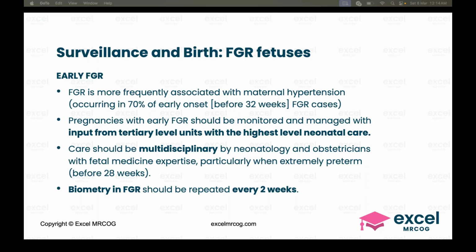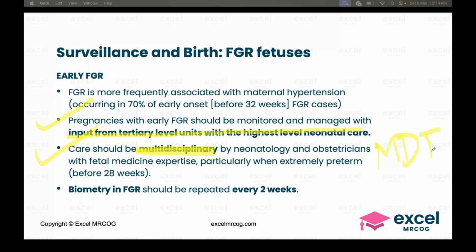Okay. So what you do is you have to have a tertiary level unit with the highest level of neonatal care. It has to be multidisciplinary care. An important point for the part 3 exam to be said in your tasks is that for severe FGR, it is MDT, multidisciplinary team.